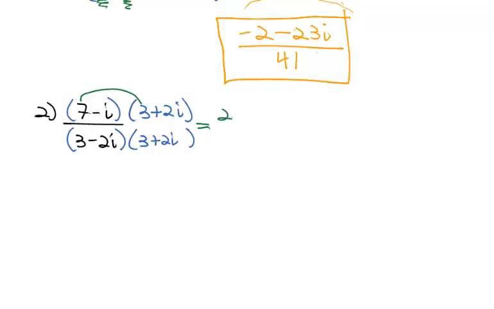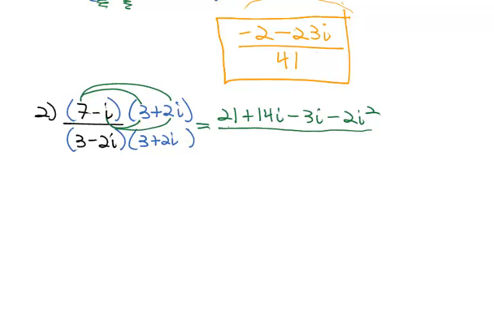7 times 3 is 21. 7 times 2i is positive 14i. Negative i times 3 is negative 3i. And negative i times 2i is negative 2i squared.